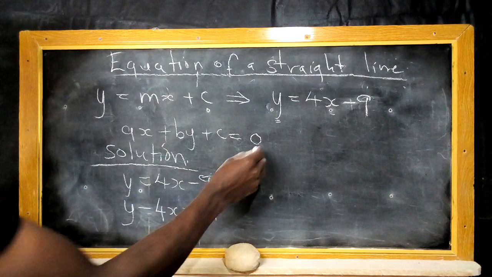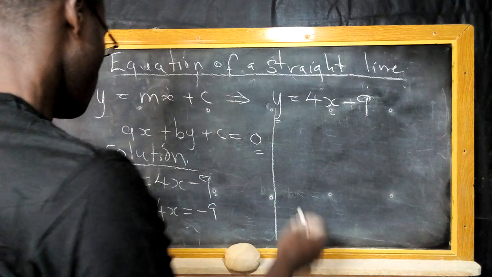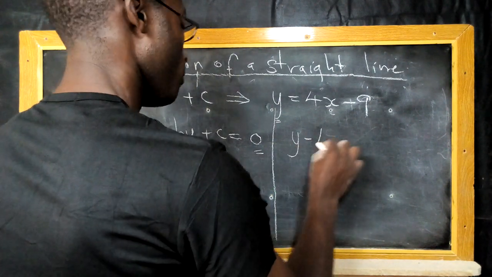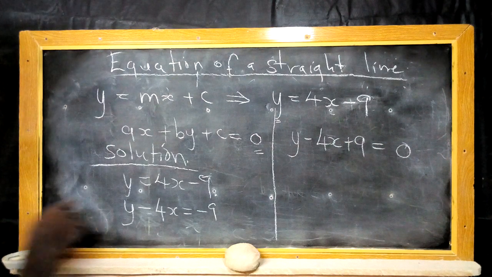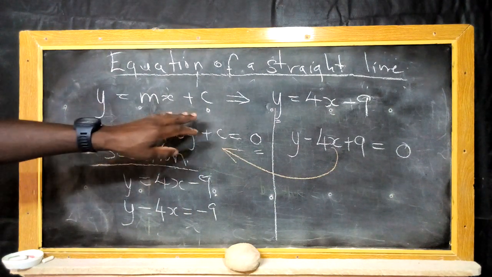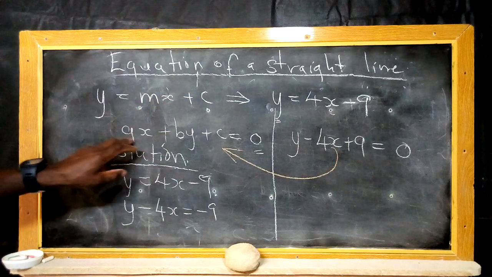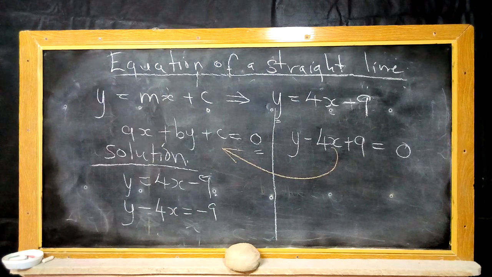Then, ensuring that there's a 0 on the other side, we take 9 to the left side of the equation, and we find that y - 4x + 9 = 0. So in this case, we have expressed an equation which is in the form y = mx + c in terms of ax + by + c = 0. This is a way in which we can interchange between expressions, given one of them, and see whether we can develop a relationship which we have been asked.